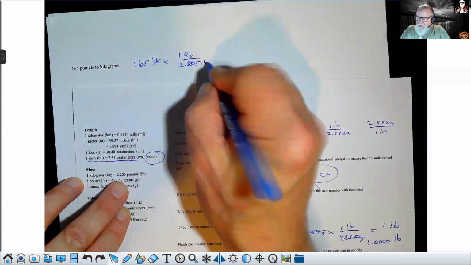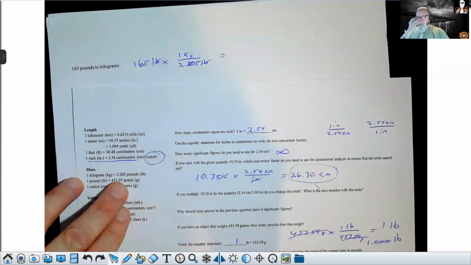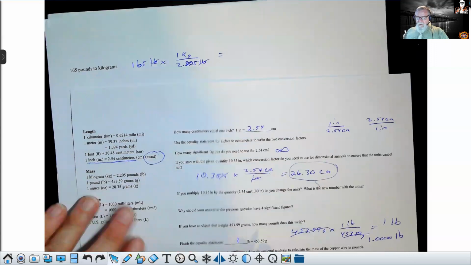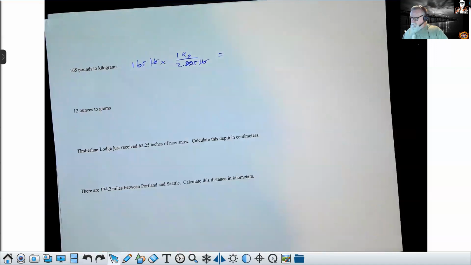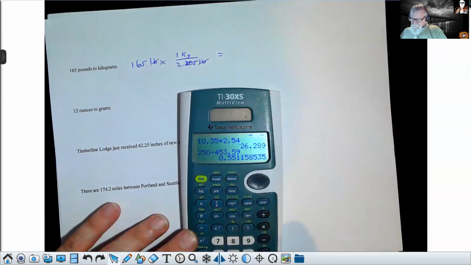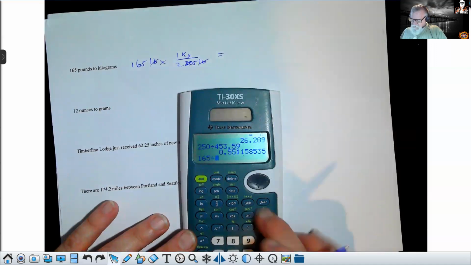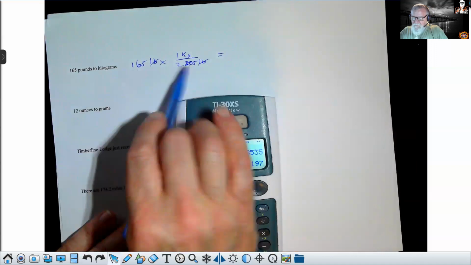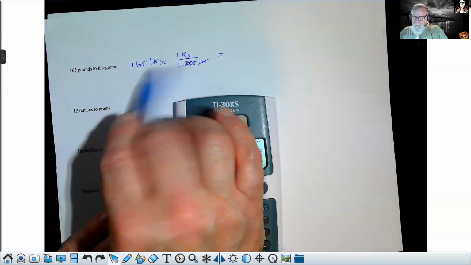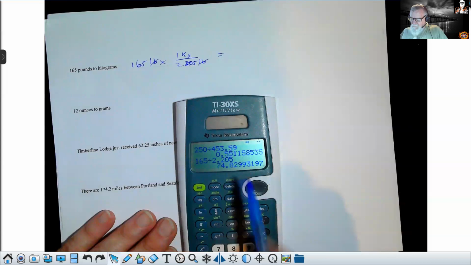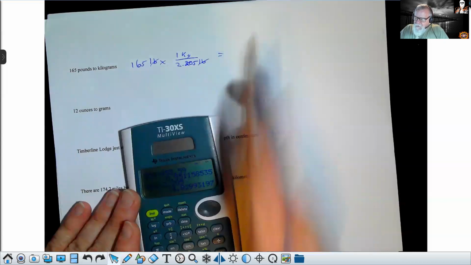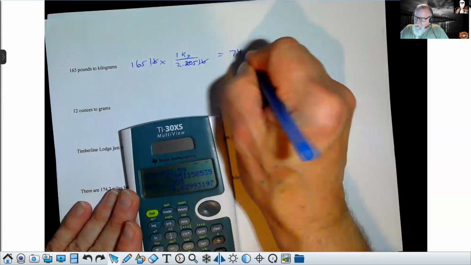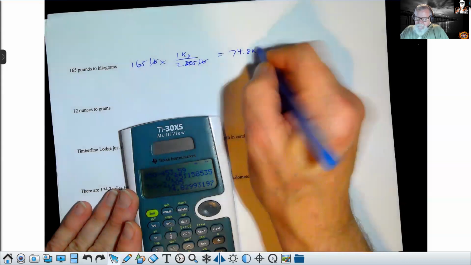And now our pounds will cancel out and we'll have our answer. So 165 divided by 2.205 equals, and so we have 3 sig figs here, 4 sig figs here. We're going to go with 3 sig figs. So 74.8 kilograms.